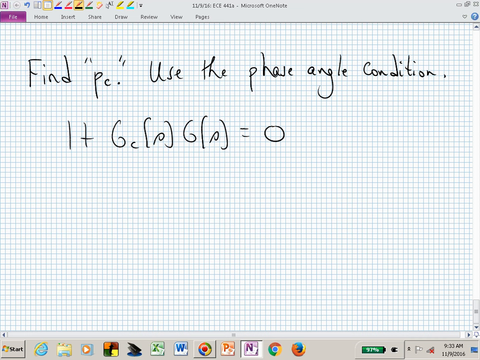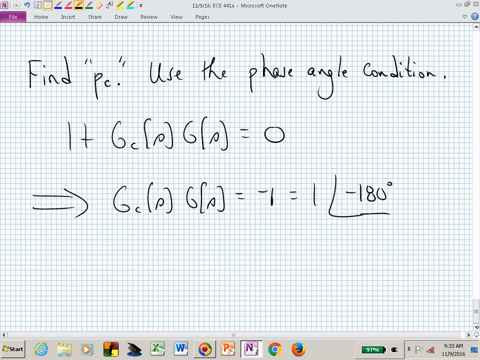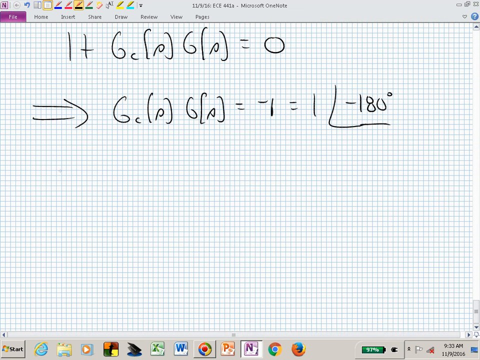Or, if we solve that for G sub C G, that's minus 1, but we can also write minus 1 as 1 at an angle of minus 180 degrees. Which means that in order for a point to be on the root locus, the angle of G sub C of S, G of S, has to be minus 180 degrees.